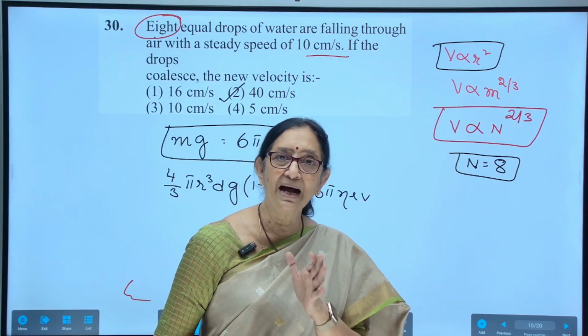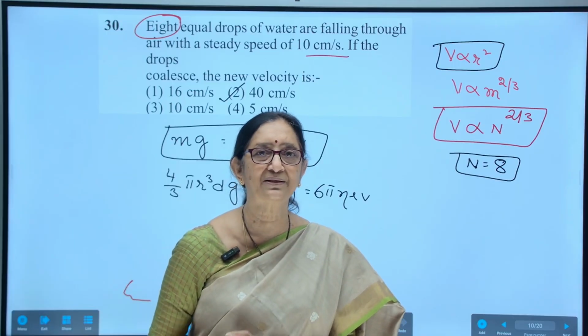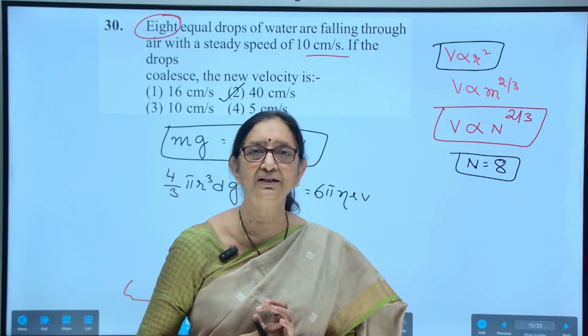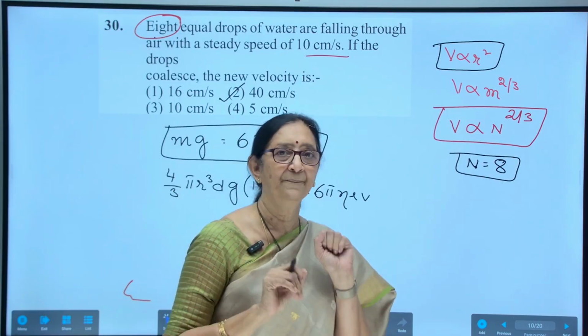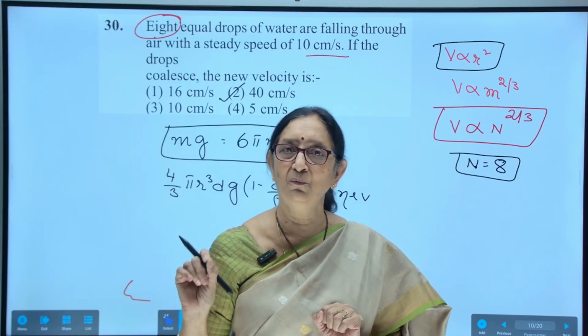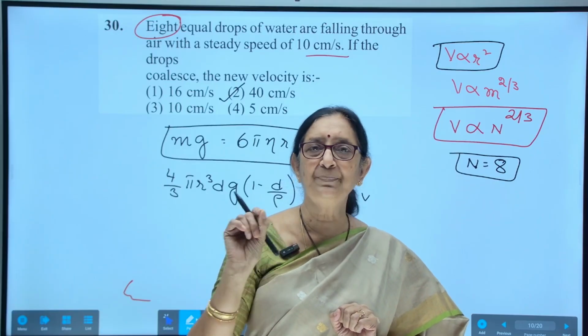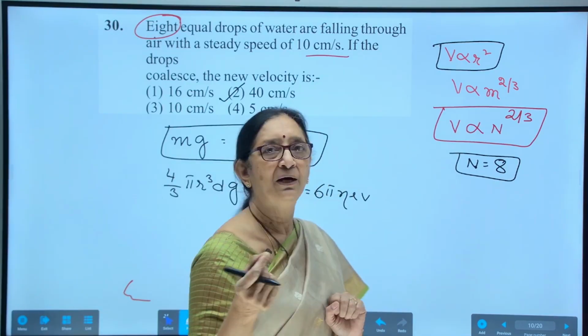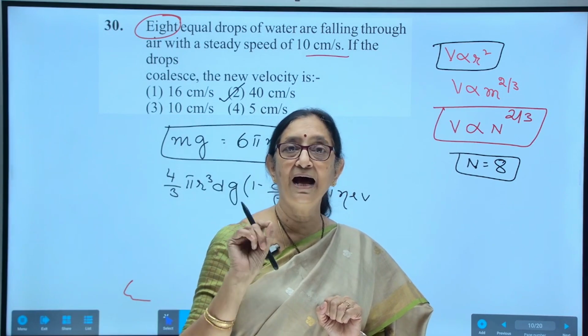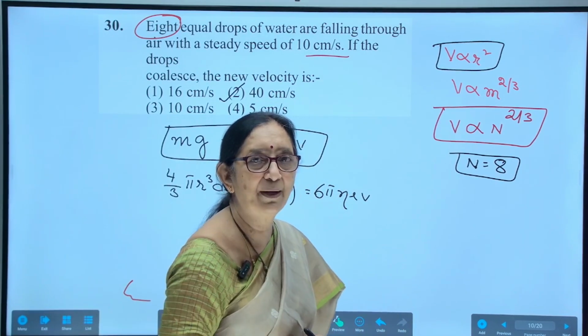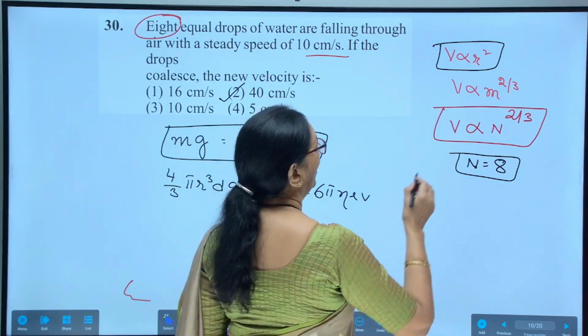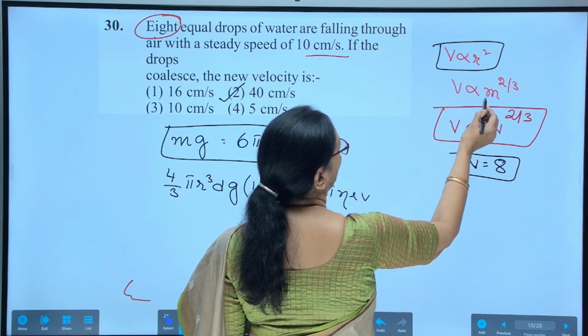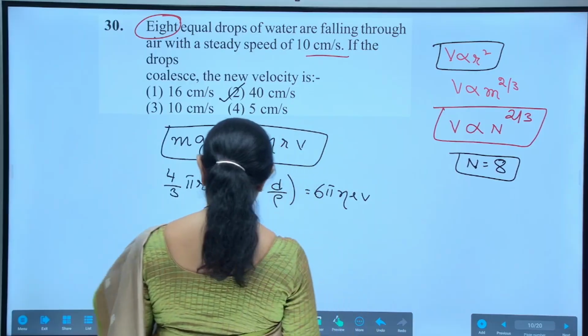We know mass is equal to volume into density, as density of the given drop is constant, mass is proportional to volume. So, m proportional to r cube, which in turn says r proportional to m to the power of 1 by 3.